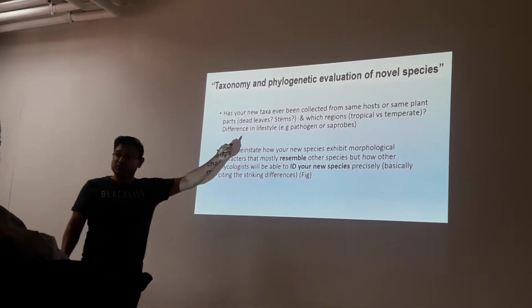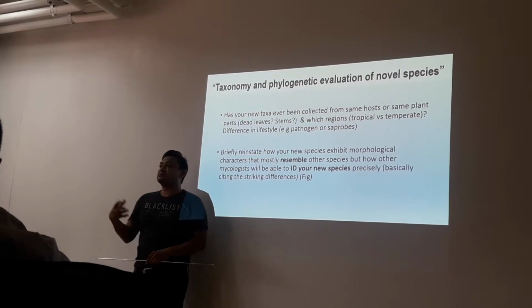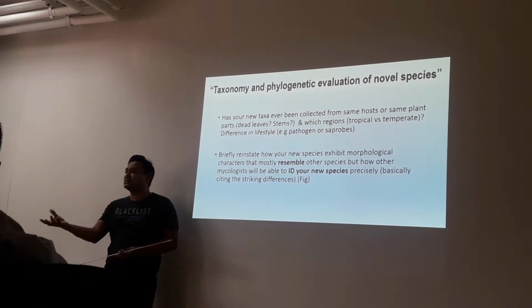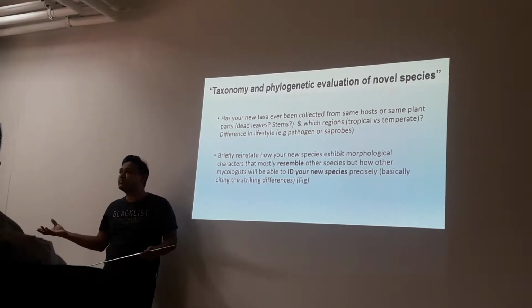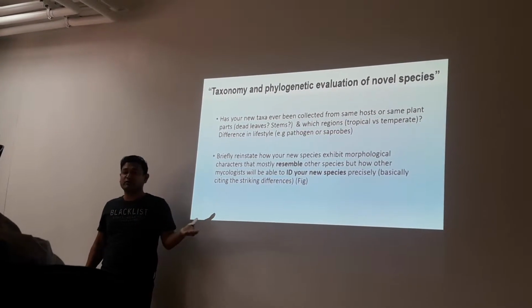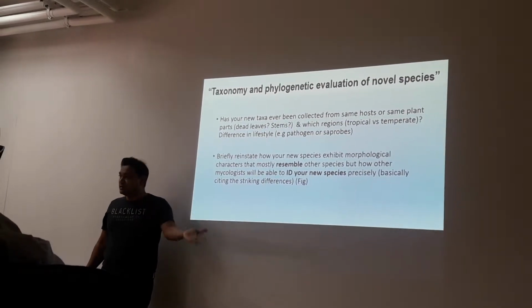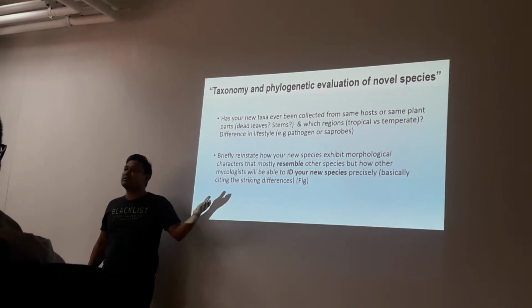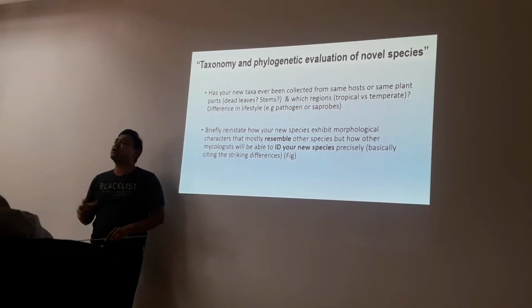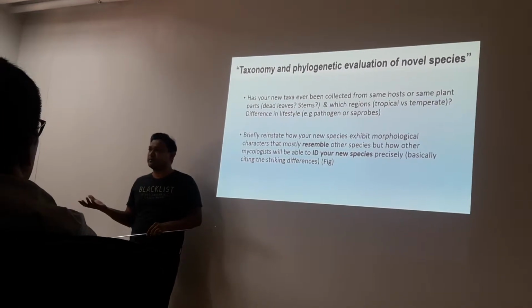It might be possible that you've recovered yours as a saprobe and somebody else recovered a taxon from a plant which is diseased. So you can try to make an association.